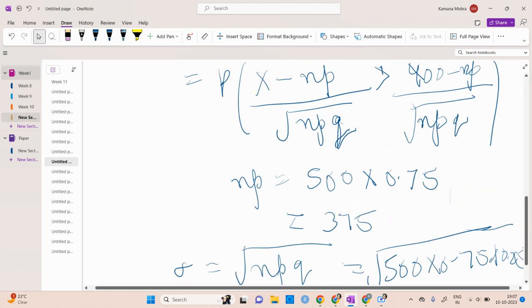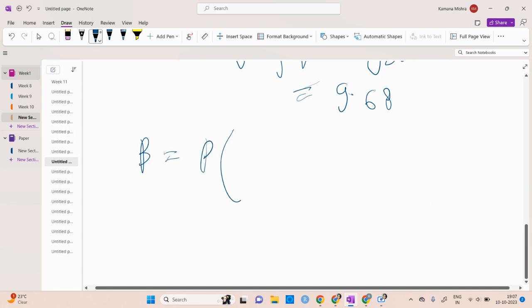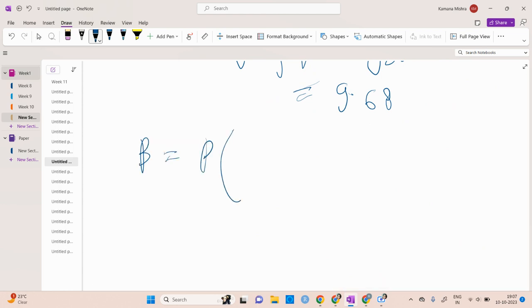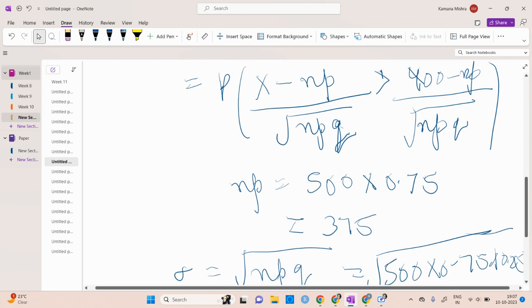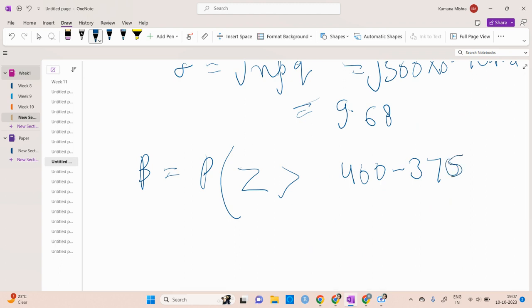Okay, so the beta will be what? Probability, and then we can write this as z, because now it is standardized, and here we can write 400 minus 375 divided by 9.68, right?